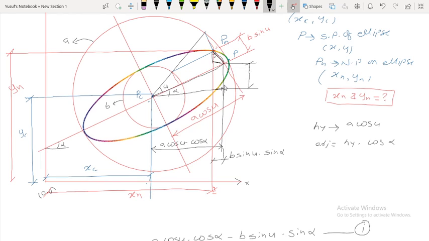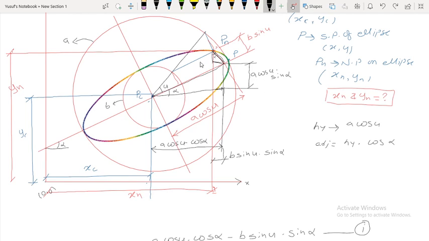From this triangle only, the hypotenuse value is A cos U. Adjacent value was A cos U cos alpha. Then the opposite value will be equal to A cos U sin alpha. This length will be A cos U sin alpha. So this vertical length will be A cos U sin alpha.